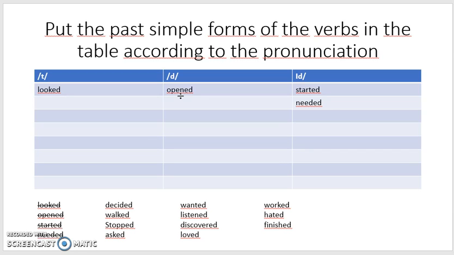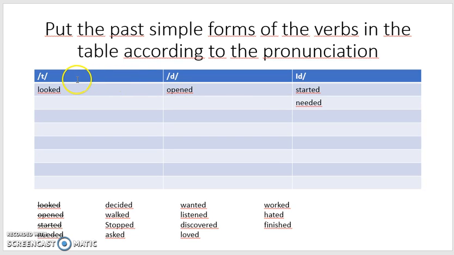Let's listen. Open, open. If you say that and touch your throat with two fingers, you can feel the vibration. Open. In this case, we add d in the past, so it becomes opened, opened.